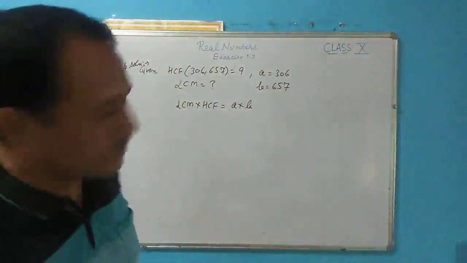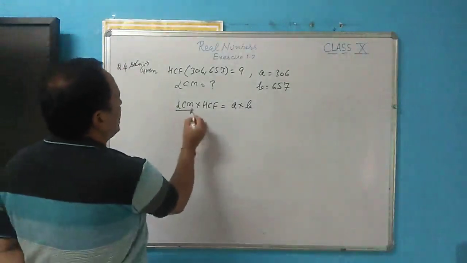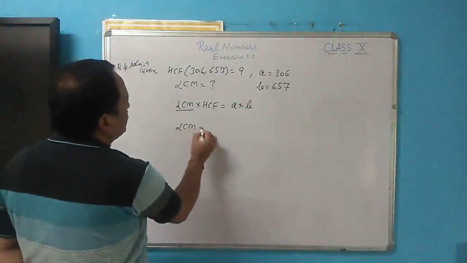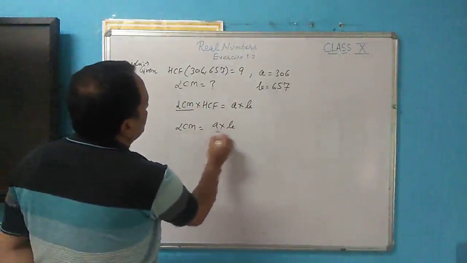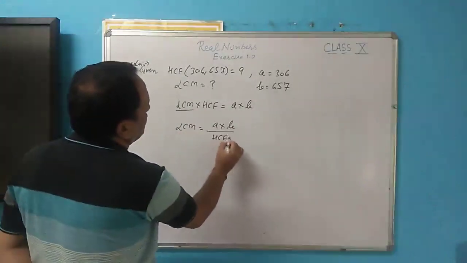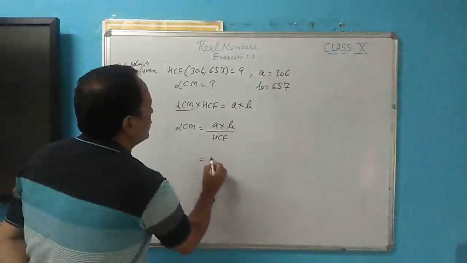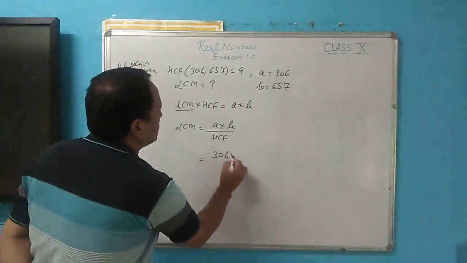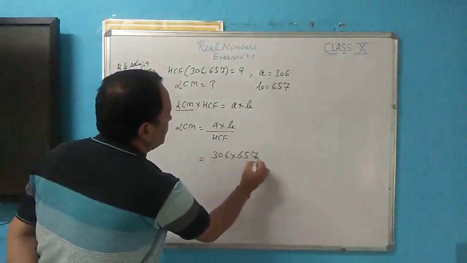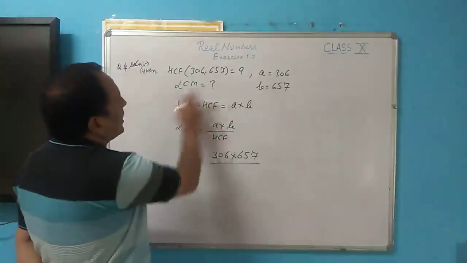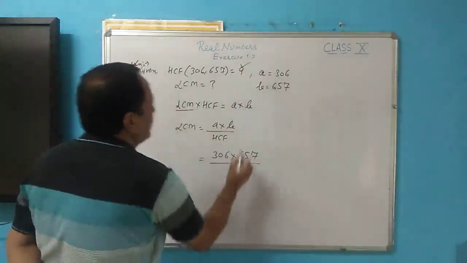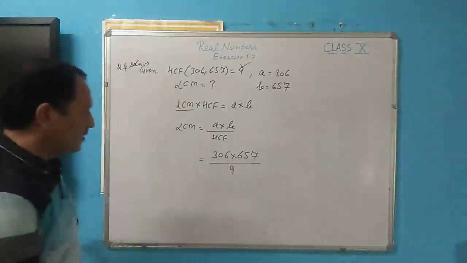So these are two numbers. Now we have to find out LCM. So LCM is equal to A into B upon HCF. और HCF को राइट हैंड साइड में ट्रांसपोज करें, so it is equal to A into B upon HCF. A is 306, B is 657 upon HCF. HCF is given as 9, so divided by 9.